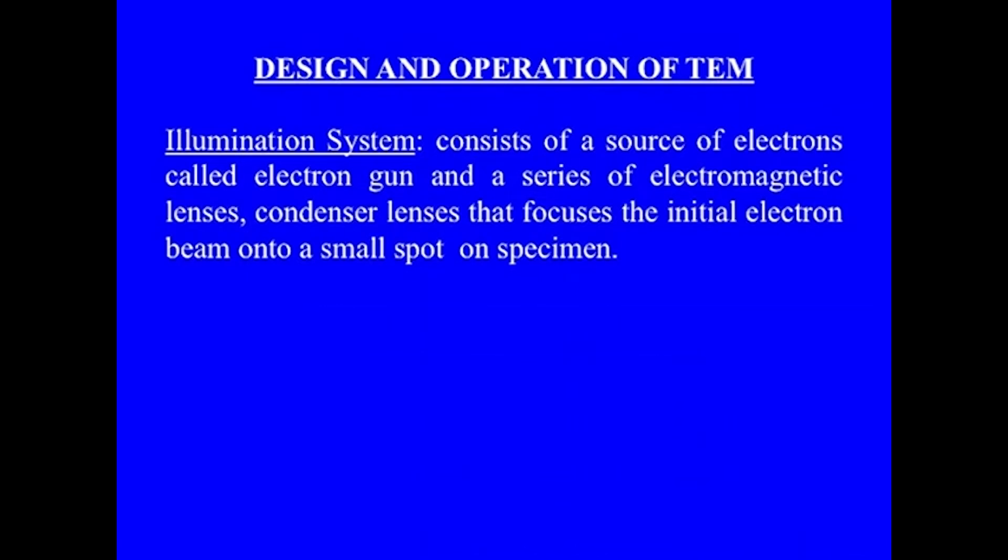These are condenser lenses that focus the initial electron beam onto a small spot on the specimen. Electromagnetic lenses are constructed of a soft iron core wound with an electrical conductor. This produces a magnetic field which is utilized to focus a beam of electrons.